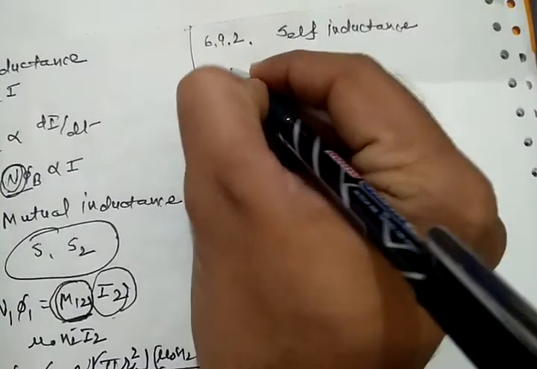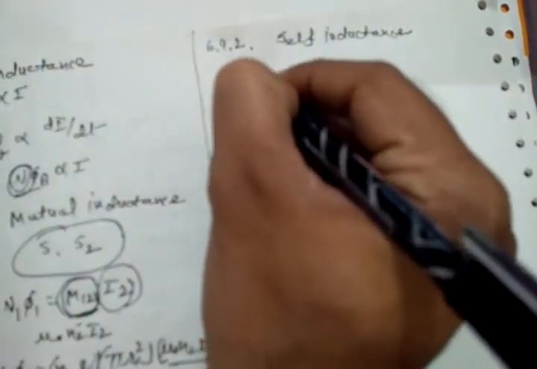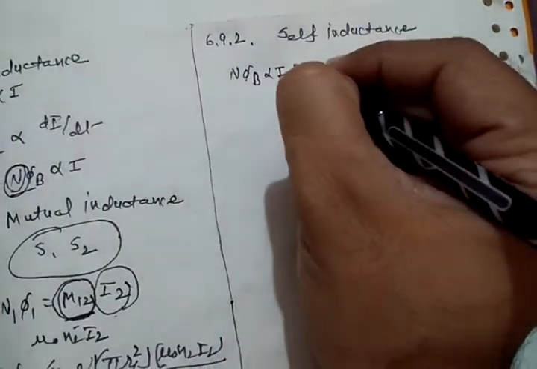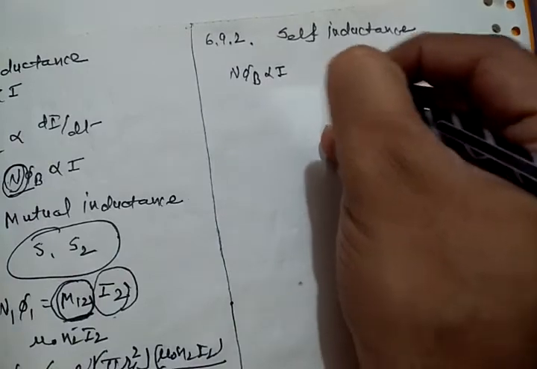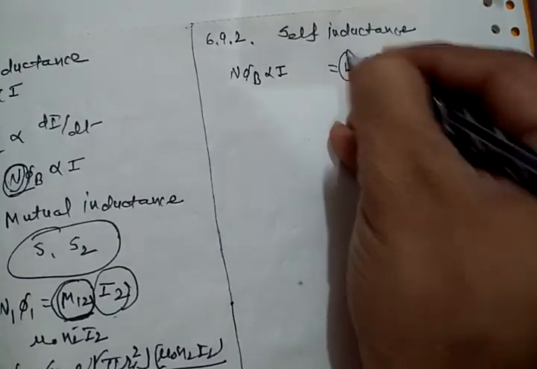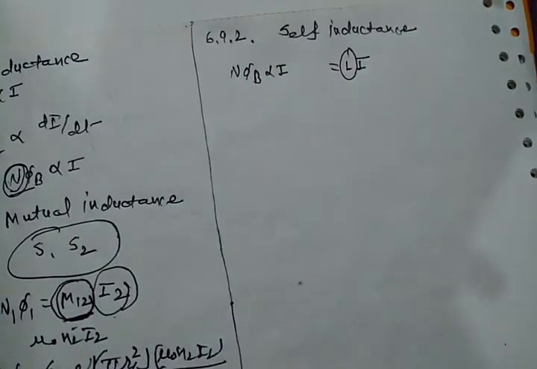So N phi B is directly proportional to I, so N phi B is equal to L I. Here L is called the self inductance of the coil, the proportionality constant. It is also called the coefficient of self inductance of the coil.